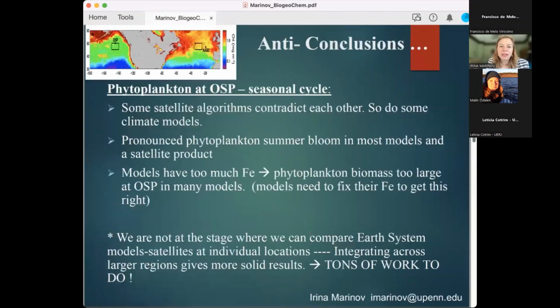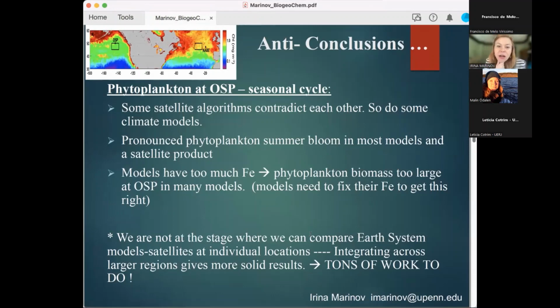So what's the conclusion here, or I call them anti-conclusions, is that just for this little story, some satellite algorithms contradict each other, and some of the climate models contradict each other. We see a pronounced phytoplankton summer bloom in most models, but only one satellite product, while the other satellite products show us spring blooms.